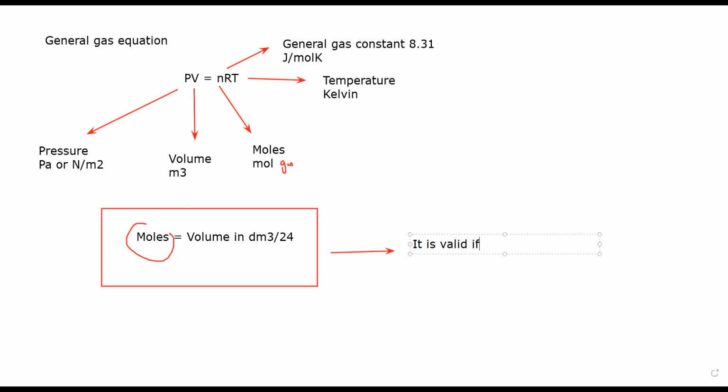if the pressure is 1 atm. 1 atm is equivalent to 100,000 Pascal. So 1 atm equals 100,000 Pascal.